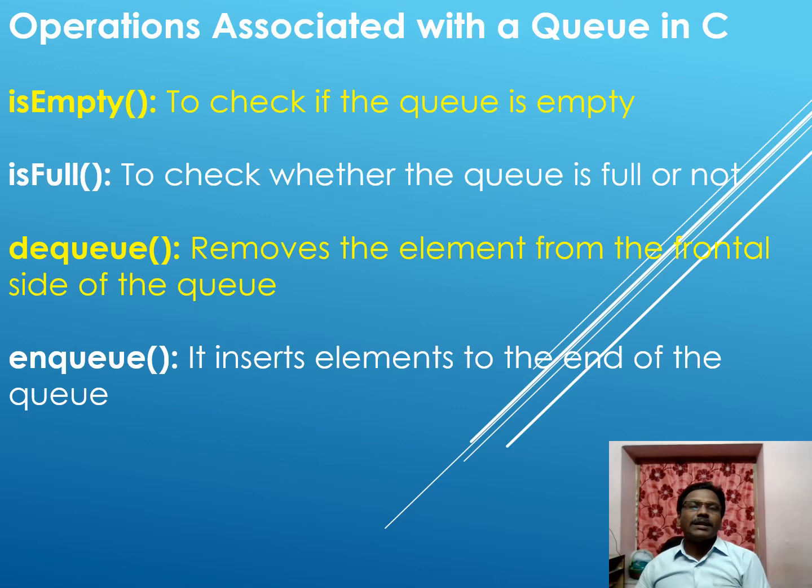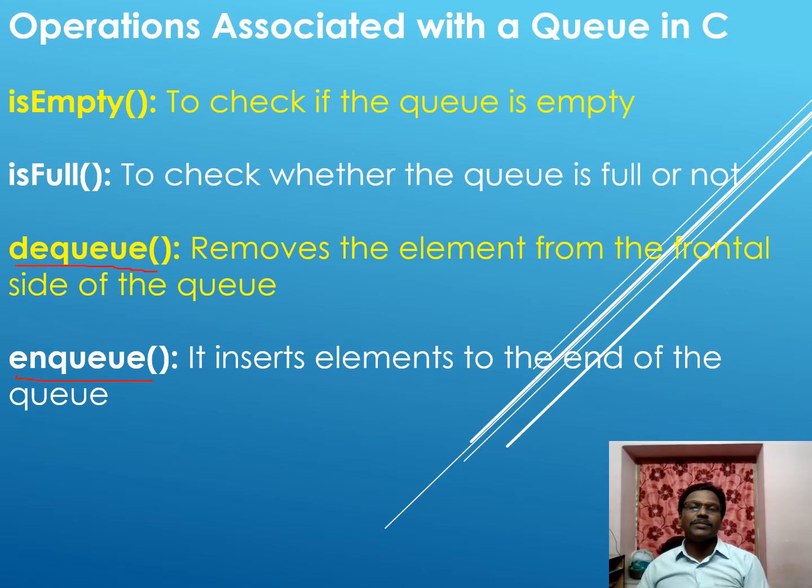The dequeue operation is used for removing an element from the front side of the queue. Enqueue means inserting into the queue: the elements are added at the end of the queue.